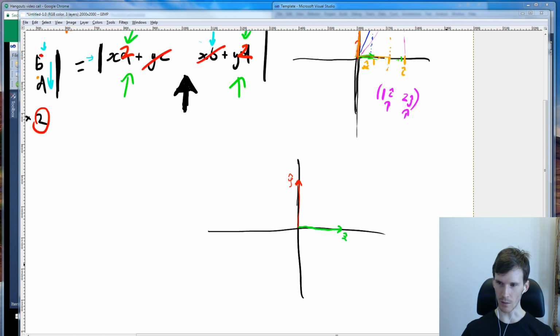So what we're going to do now, and I'll hue shift a bit, is rotate 45 degrees. So that's going to be I hat, and this is going to be j hat.